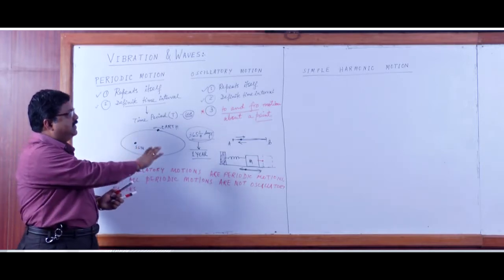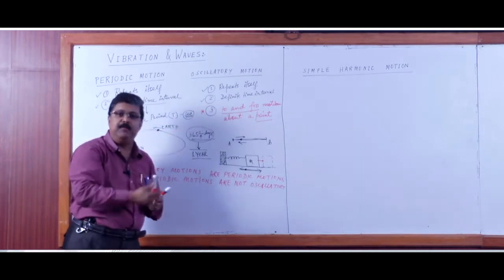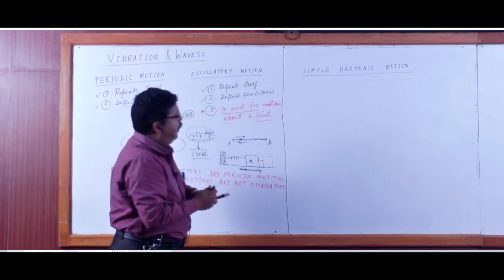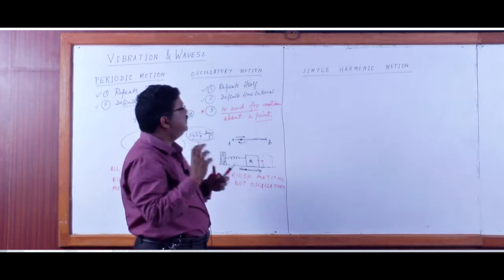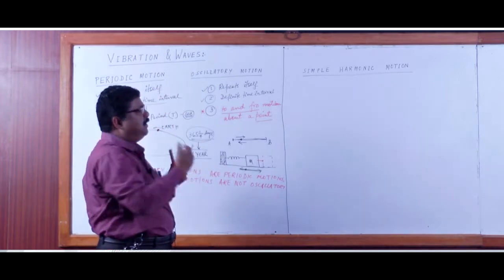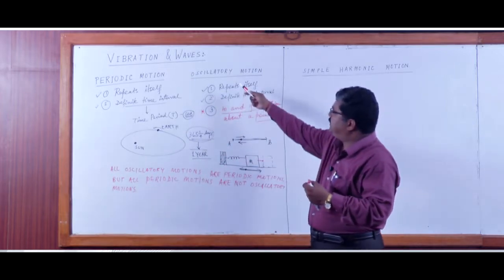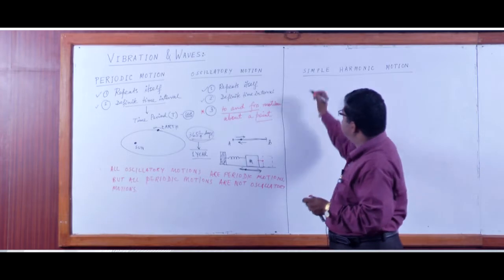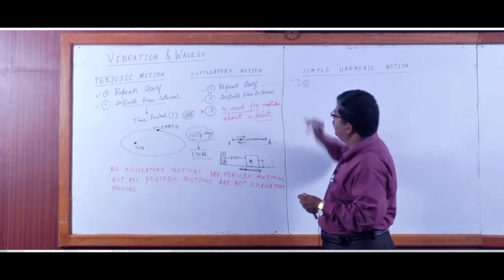Now after we have discussed these two, we enter into simple harmonic motion. Simple harmonic motion obeys the basic three principles of oscillatory motions. I am not repeating again. So number one, that means this repetitive nature is obeyed here.